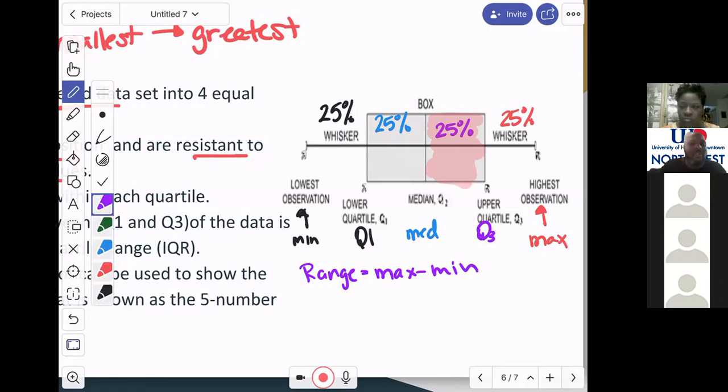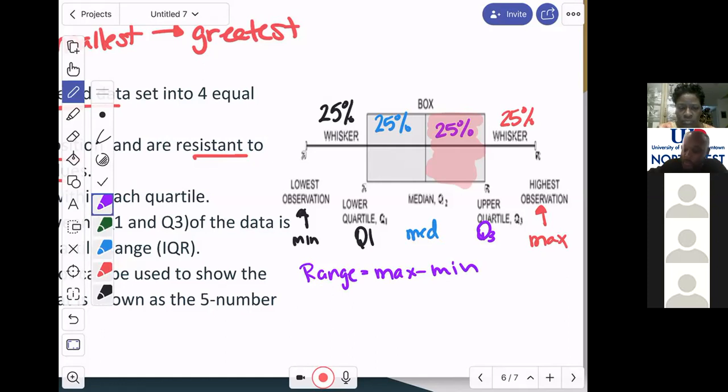Remember the Rockets salaries from Tuesday: the max was about 41 million and the min was 2 million, so that's a 39 million spread. That is a huge number, and it doesn't tell us a whole lot about the data other than it's very spread out. What quartiles do is give us more positions in the data.